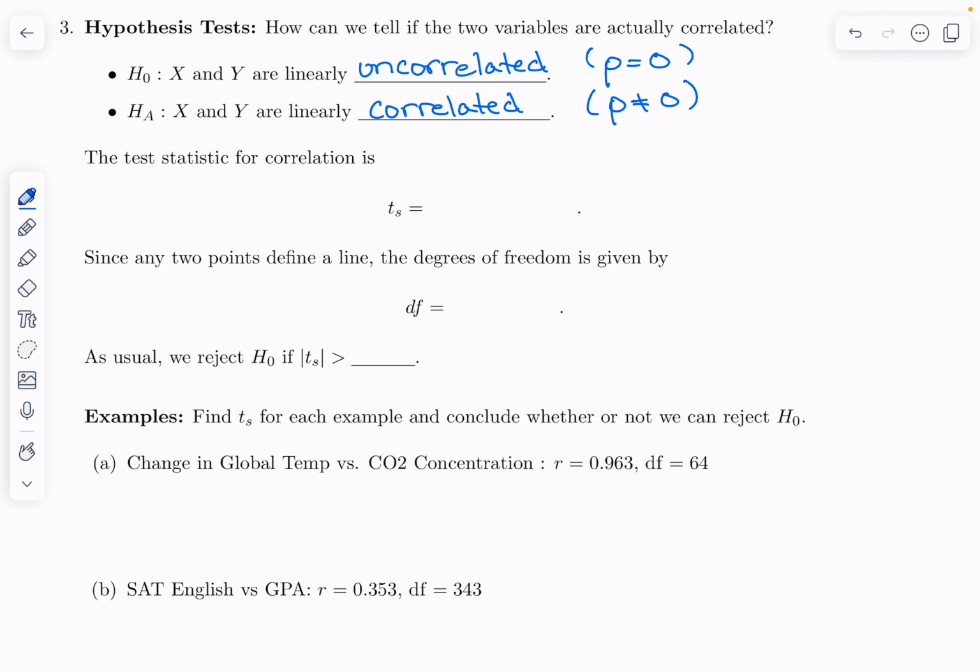Now, the test statistic for correlation has an interesting formula. It turns out to be the correlation coefficient r times the square root of n minus 2 over 1 minus r squared. And this is in fact a t statistic. It looks nothing like any of the t statistics that we have calculated before.